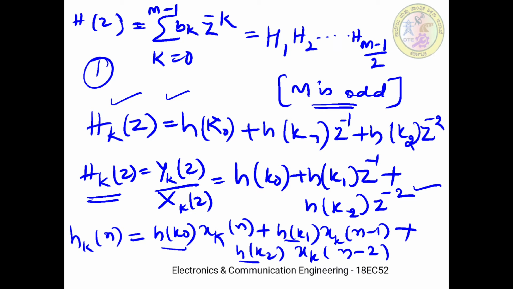For them it is possible to further derive their corresponding difference equations like this. These difference equations have either z raised to minus 1 or z raised to minus 2, that's all, because they are all second order factors. Now the individual difference equations can be further implemented using direct form structures.